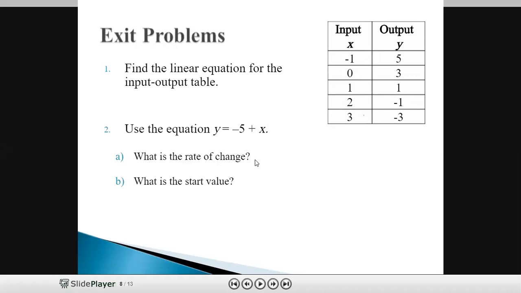We said the rate of change is like what? This is another question. Up there, we already solved and found the equation from the input and the output. The second part here: use the equation and tell us what is the unit rate or rate of change. Rate of change means the slope.